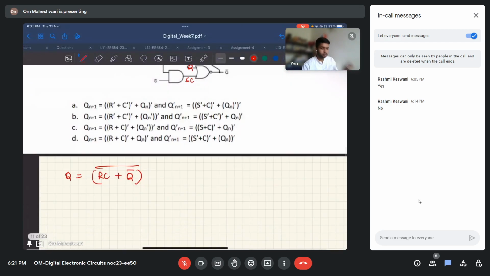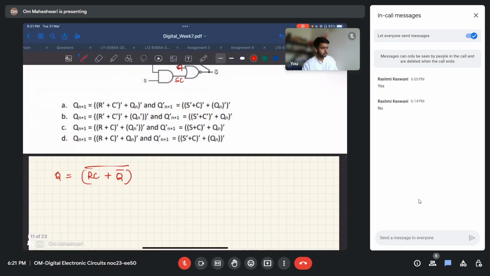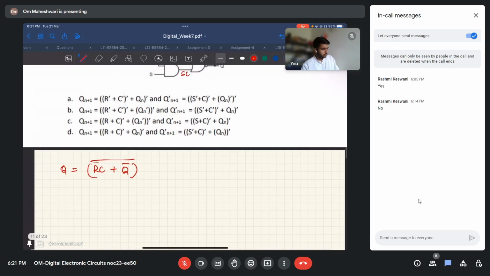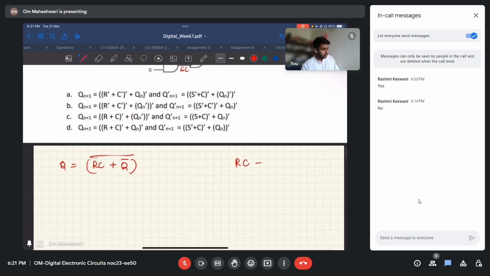Now we have to convert it into a form with which we can make NOR gates, right? So we have RC, right? RC can be written as RC bar bar, or if I use De Morgan's here, R bar plus C bar whole bar, right? So this is a form of, this is a NAND implementation, right? Output is barred with some inputs.